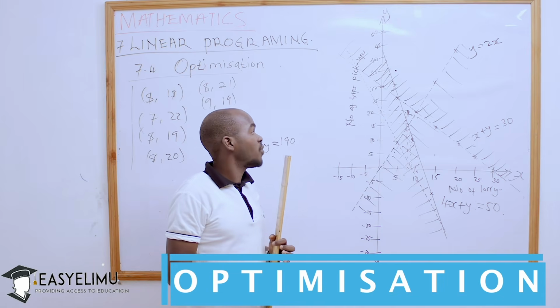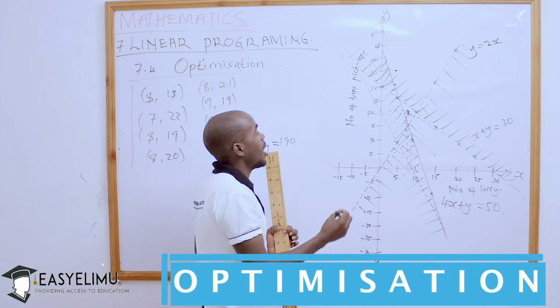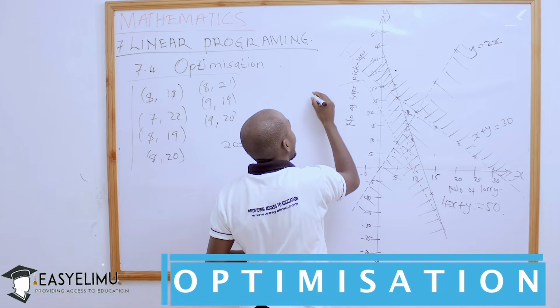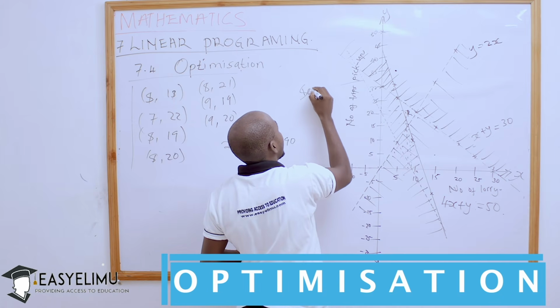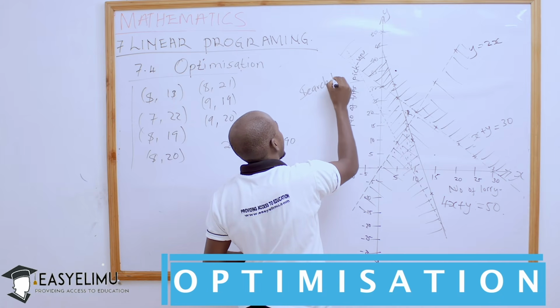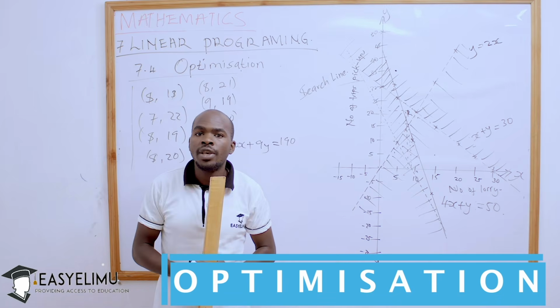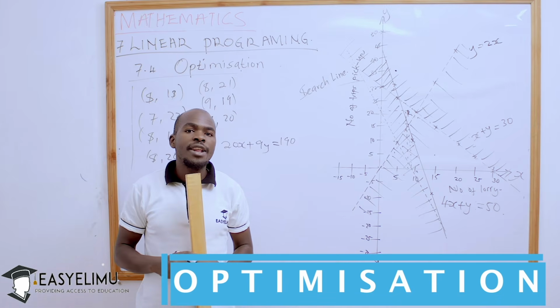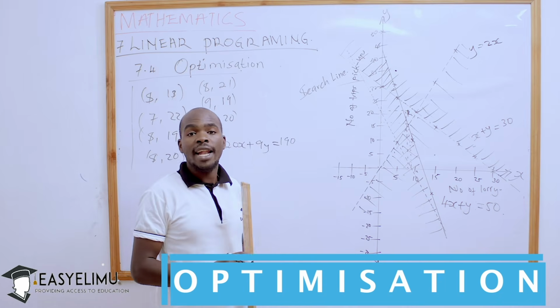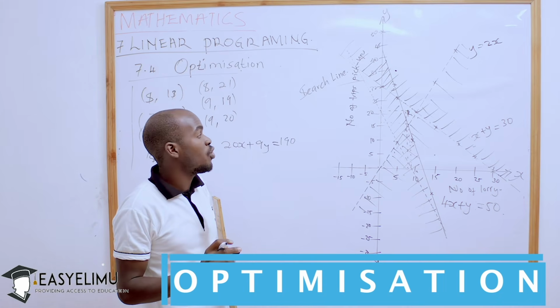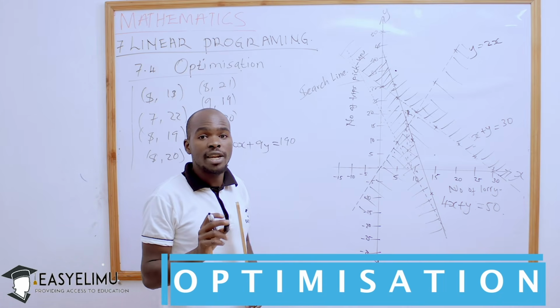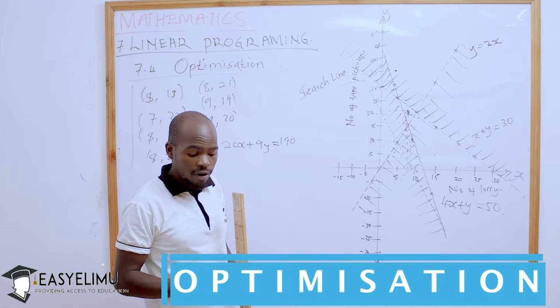That line is what you will use to find out the minimum value or maximum. This is the search line. You will use it as the reference, to find the minimum value of expenditure the contractor will use, or the maximum value.